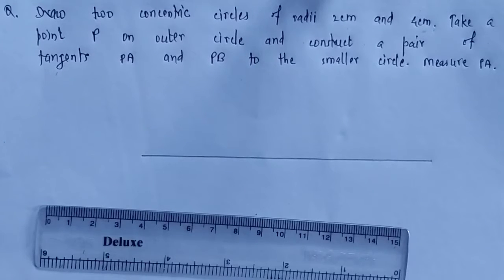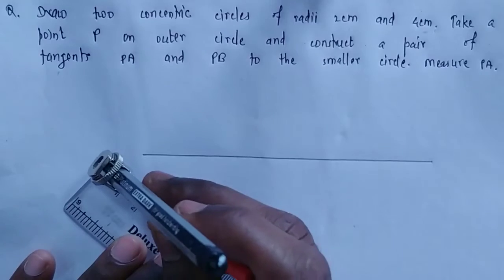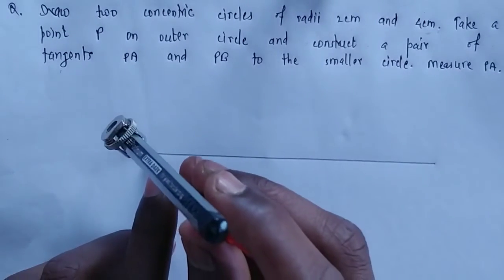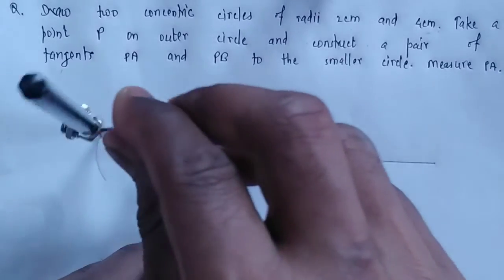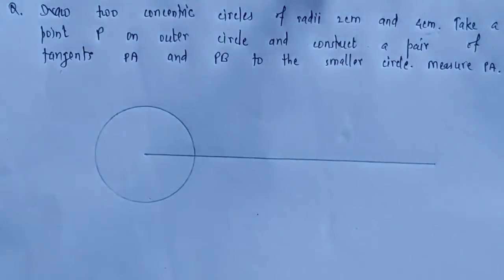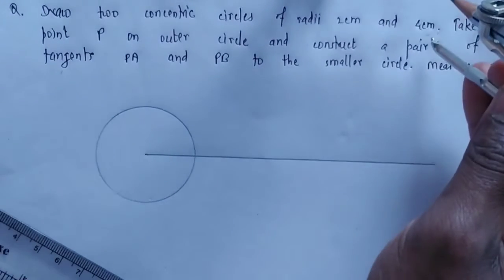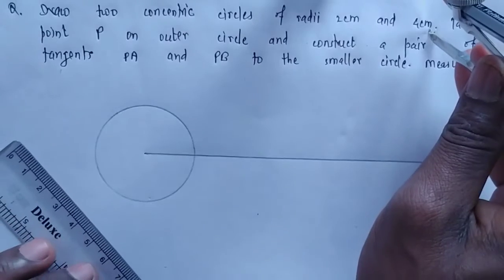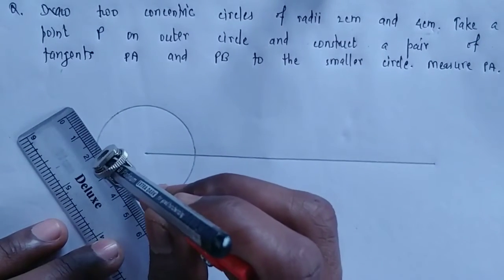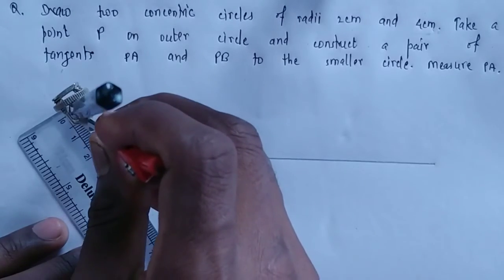Now the radius of the smaller circle is given as 2 centimeters. So by taking the radius 2 centimeters, I draw a circle, and I get this circle. Again, the radius of the outer or bigger circle is given as 4 centimeters. So I take the length 4 centimeters as the radius of the outer circle.